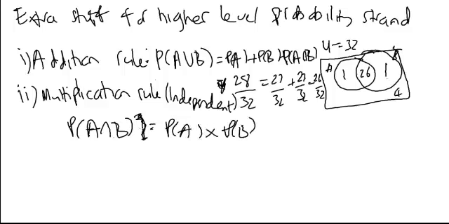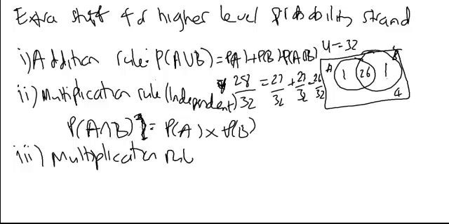The new content, which we didn't do at ordinary level, is the multiplication rule, general case. The general case means it doesn't have to be independent.